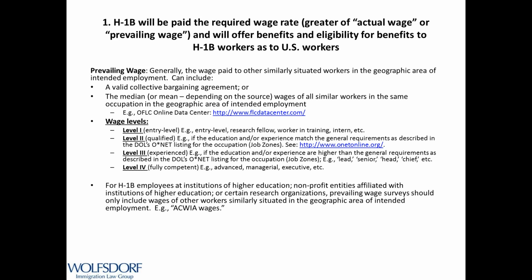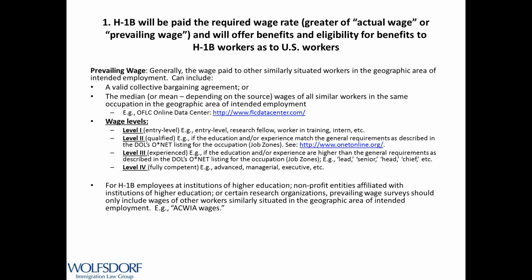For actual wage, that's something you have to do on your own, but the prevailing wage, if you use an external survey, is already provided for you. Any immigration attorney would provide that anyway, but if you know where to look, you can already take a look and see if you agree.